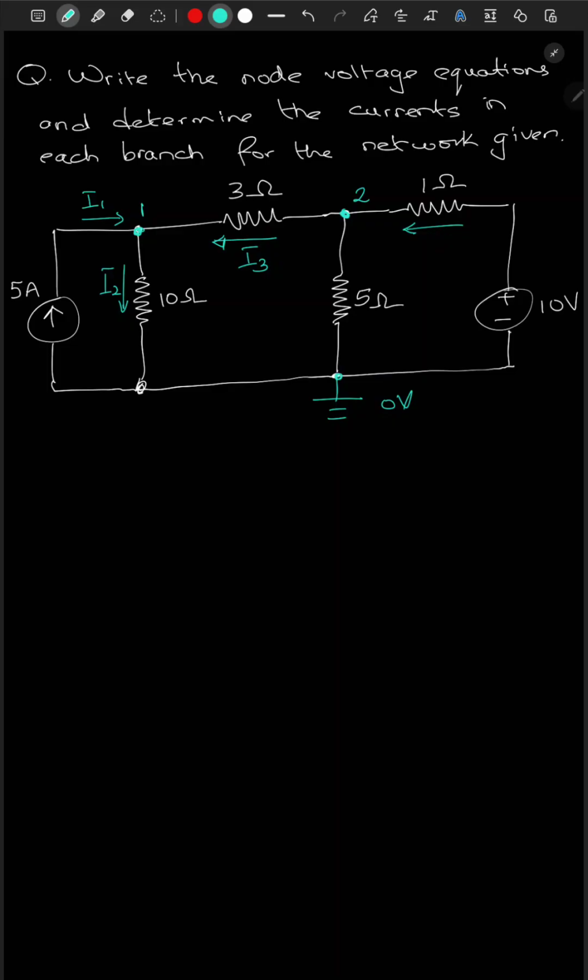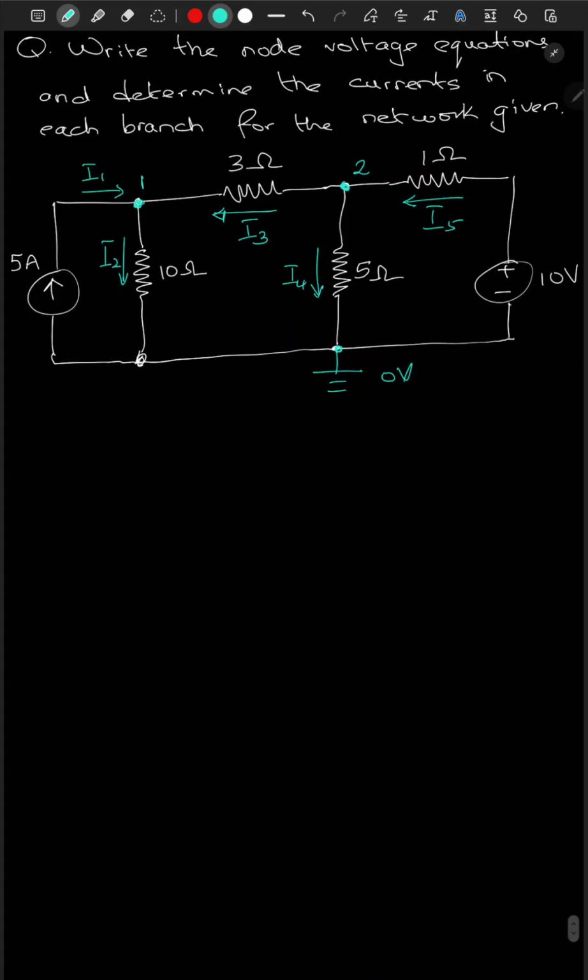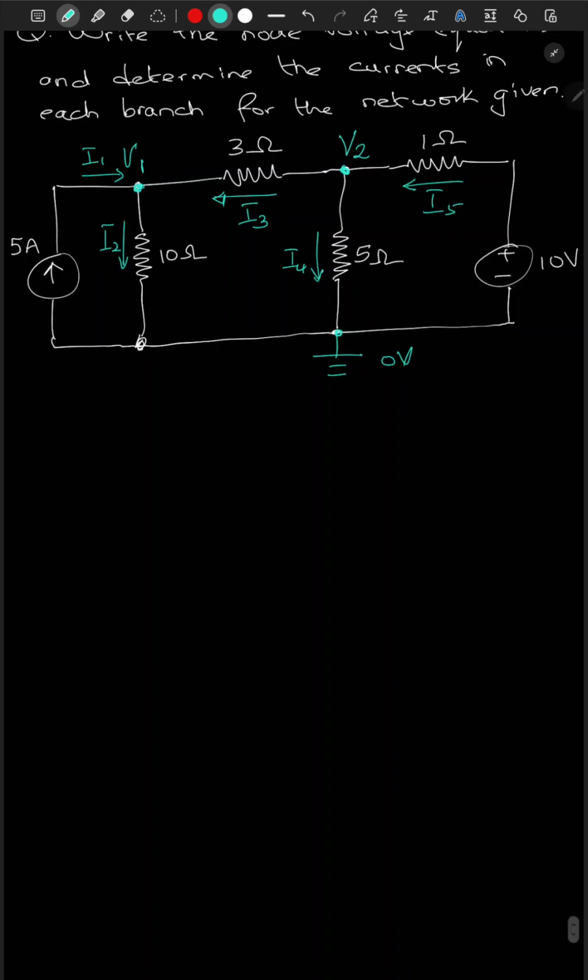So let's call these I4 and I5. So I4 is directed towards a reference node. So let's call this one the potential V1 and this one the potential V2.